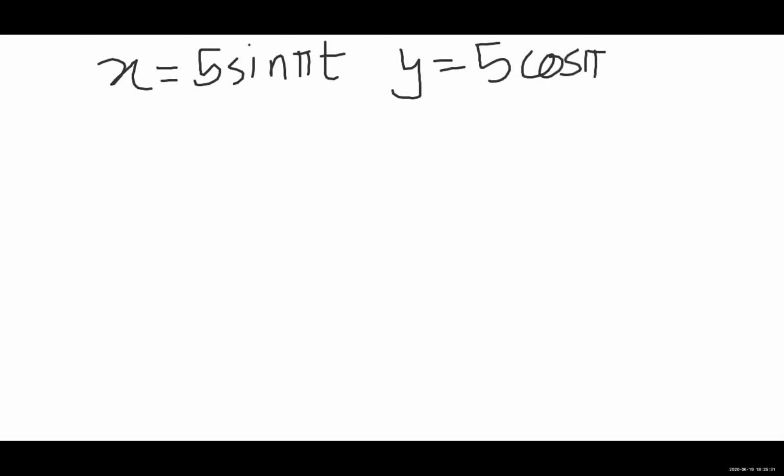x is equal to 5 sine pi t, y is equal to 5 cosine pi t. What is the value of x square plus y square? It is not 5, it is 25.